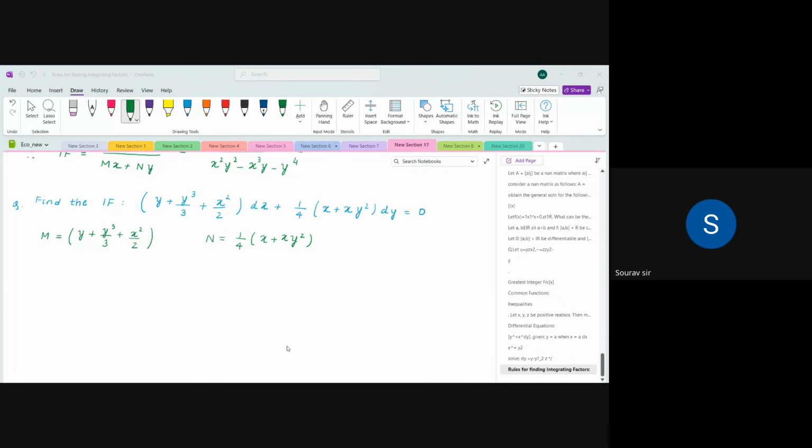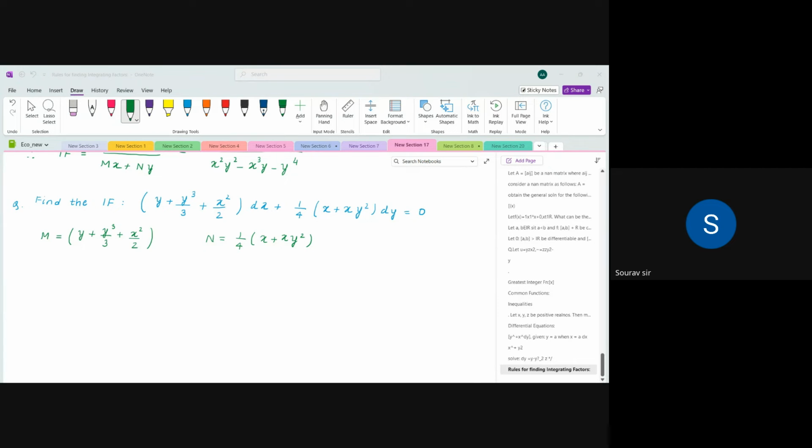Which form is this matching? Sir, it is del n divided by del x minus del m by del y, divided by capital N, equal to a function of y.